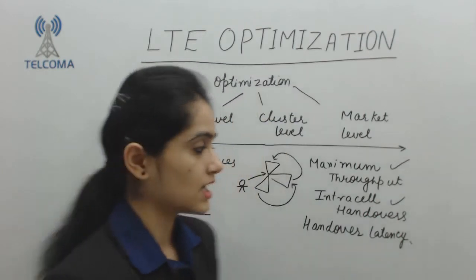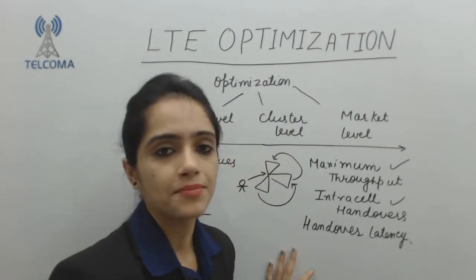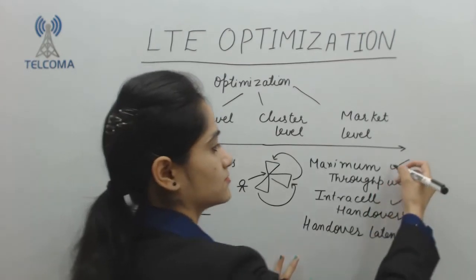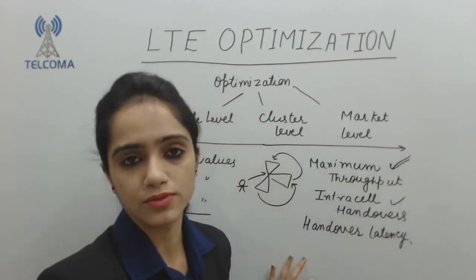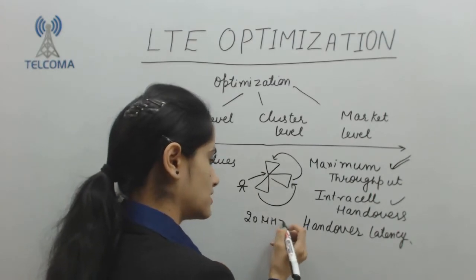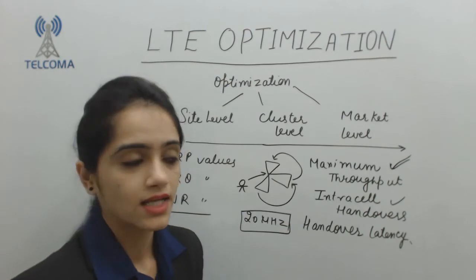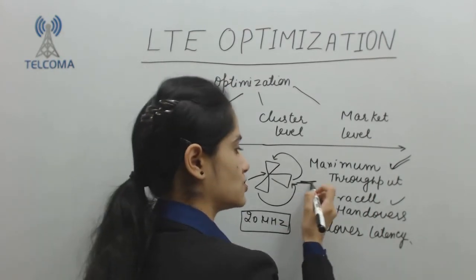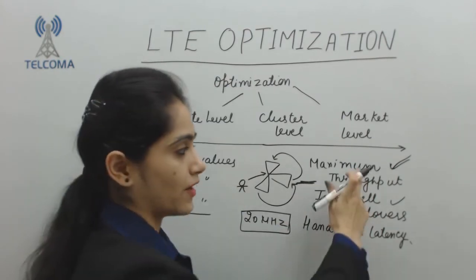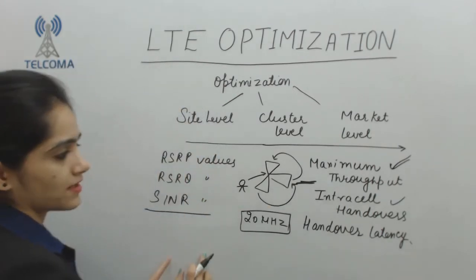Now what happens if there is some problem in the single cell function test? That means we are not getting the maximum throughput as expected. We have used a bandwidth of 20 megahertz, but in the results we are not getting the maximum throughput. That means you have some issues, and we need to find them out in the single cell function test.